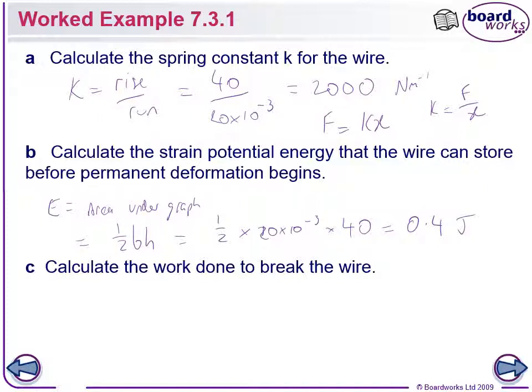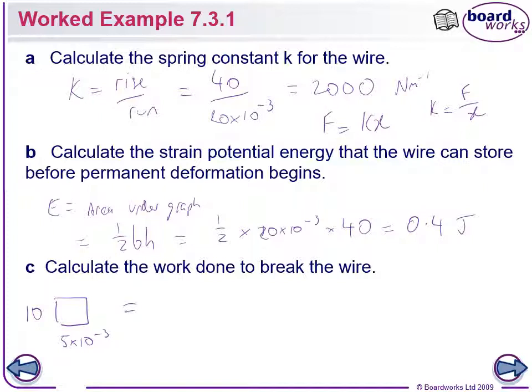But if we look at each square, first thing, work out what each one is worth. So it is 5 millimeters and 10 newtons and 5 millimeters is each square. So what is that?